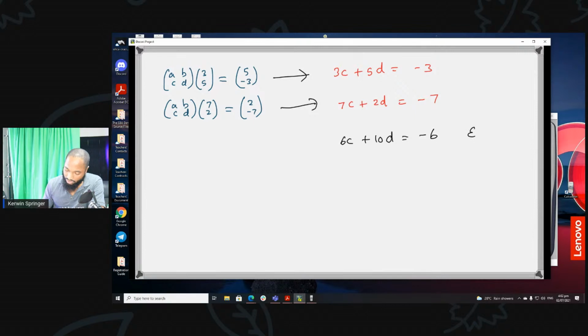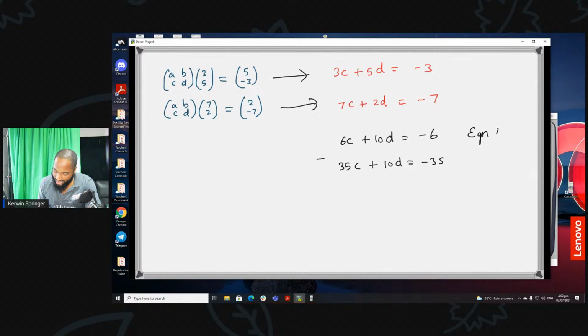We'll call that equation 1. And multiply this by 5, you get 35c plus 10d is equal to negative 35. What does this mean? This means we're going to subtract.